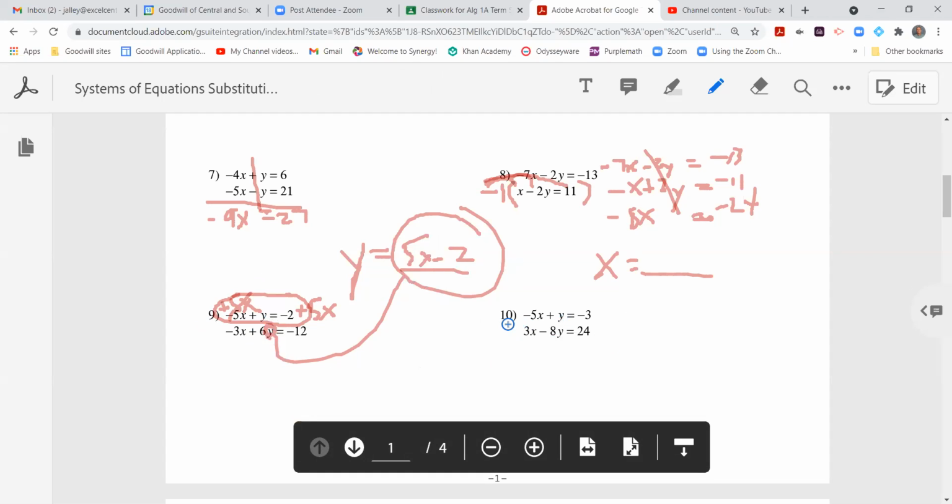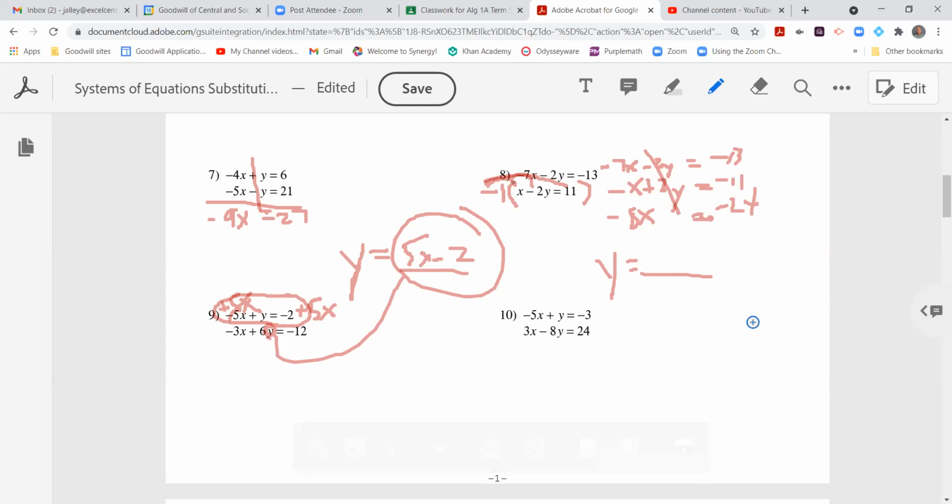Look at number 10. If we're going to do a substitution on number 10, can we do another one there where we get y equal to something? Y equals -3, positive 5x. Yep. And I think I heard Jessica in here say, add 5x to both sides.